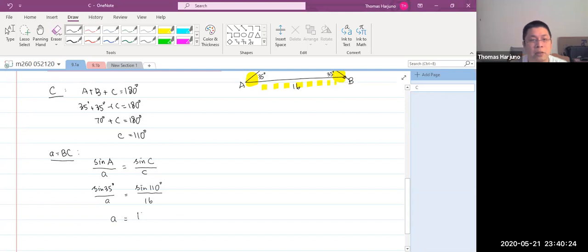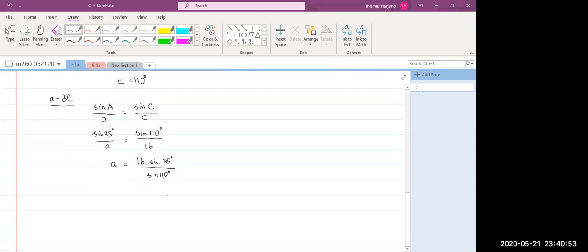It's 16 sine 35 degrees over sine 110. What do you get? 9.7661.